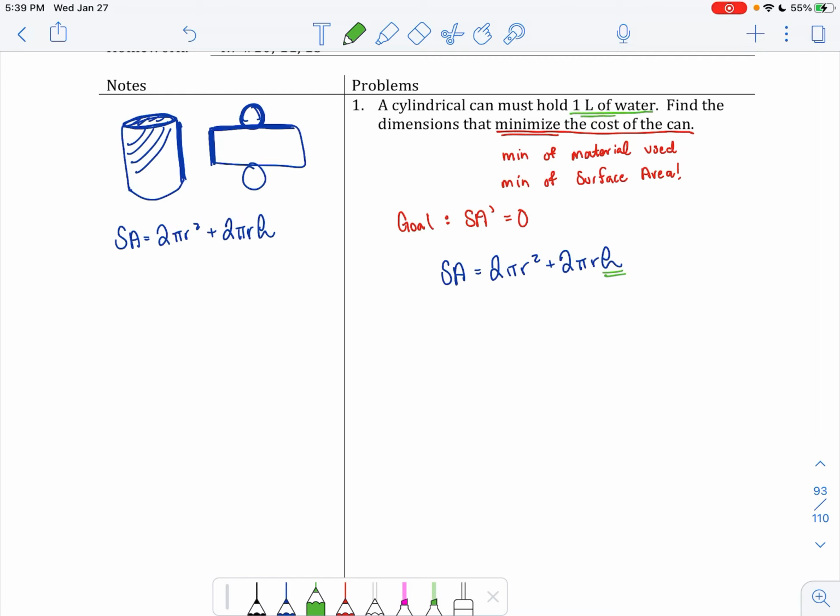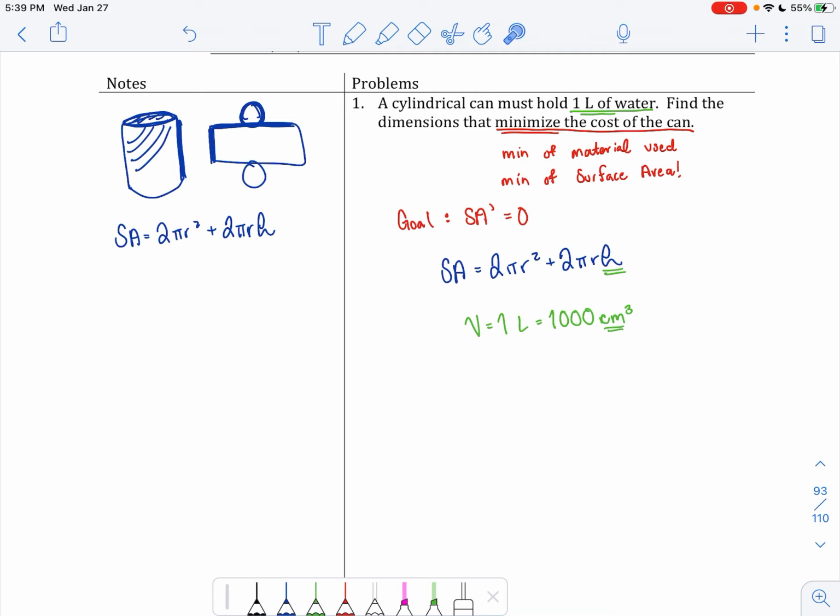We see that it has to hold 1 liter of water. So we know that volume is equal to 1 liter. Now we're measuring things in radius and height, so we are measuring things in terms of length. You're going to want to remember from your chemistry classes that this is equal to 1,000 centimeters cubed, because centimeters is a unit that I can actually measure radius and height in, versus liters.